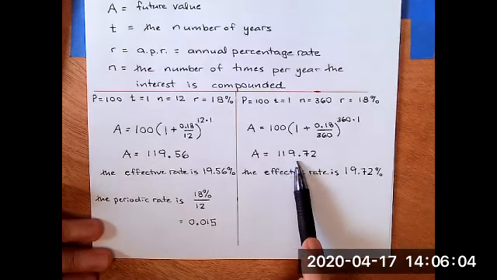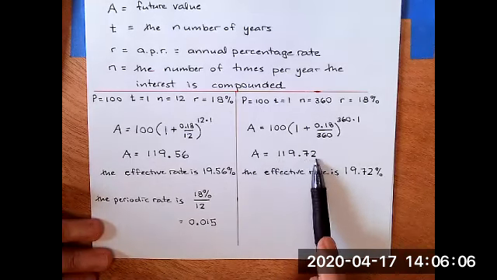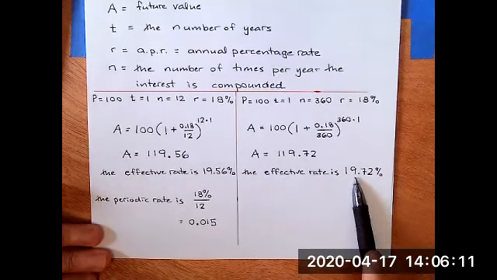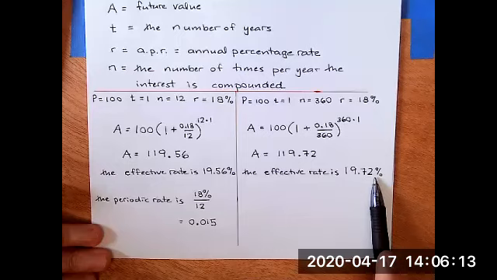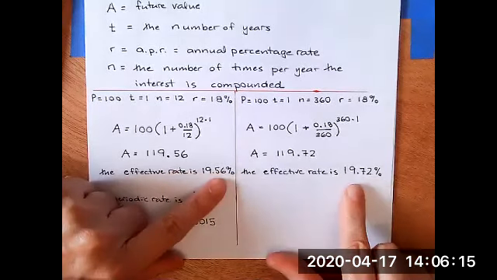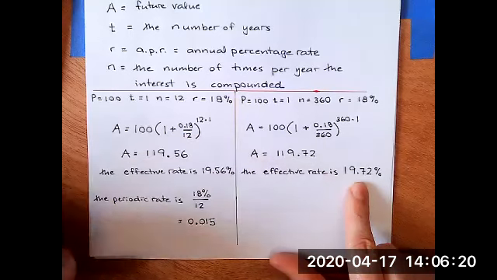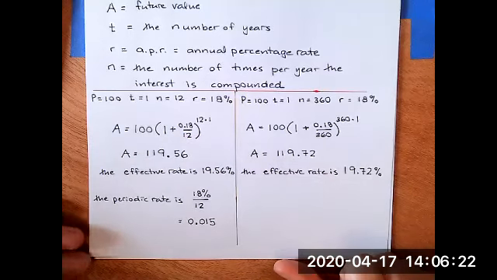And I end up with $119.72. So the effective rate here is 19.72%. You can see that it's only slightly higher than if the interest is compounded once per month.